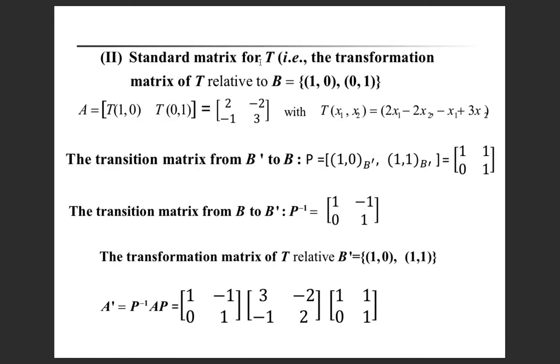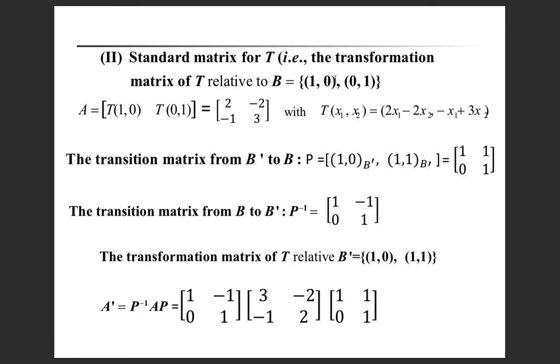Now the standard matrix for T, that is the transformation matrix of T relative to B, equal to (1, 0), (0, 1). A is equal to [T(1,0), T(0,1)], and this is equal to 2, minus 2, minus 1, 3, with transformation T(x1, x2) = (2x1 minus x2, minus x1 plus 3x2).